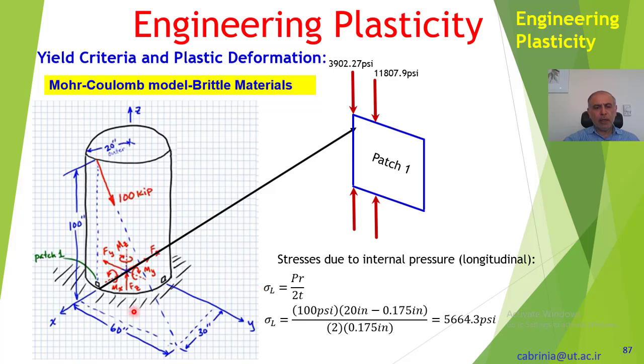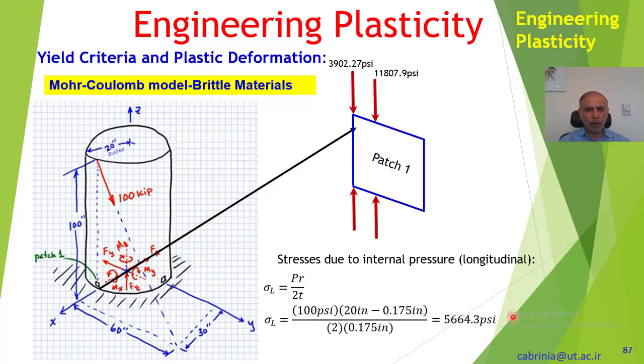So sigma L in the longitudinal or axial direction is PR over 2T, and P is 100 psi, and R of course is 20 inches minus 0.175, that's the internal radius, divided by 2 times 0.175 inches, and we get here 5,664.3 psi, the longitudinal stress due to the internal pressure.